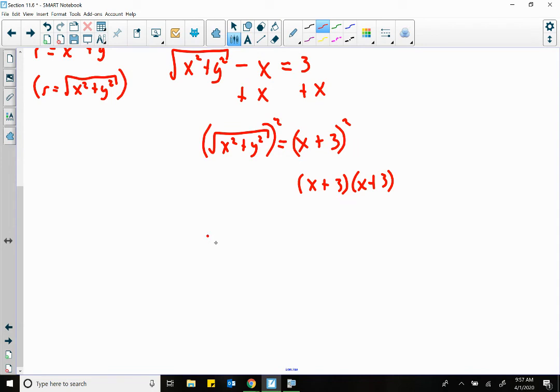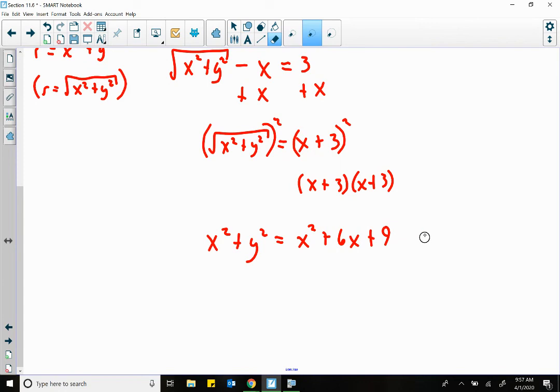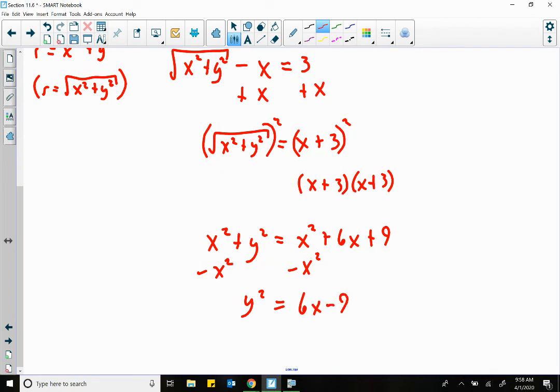So what do we have over here on the left? We've got x squared plus y squared. Equal to, what do we have over here on the right? Well, if you FOIL all that out and condense down, you get x squared plus 6x plus 9. Well, let's get this y by itself. So subtract x squared. We get y squared equal to 6x minus 9.